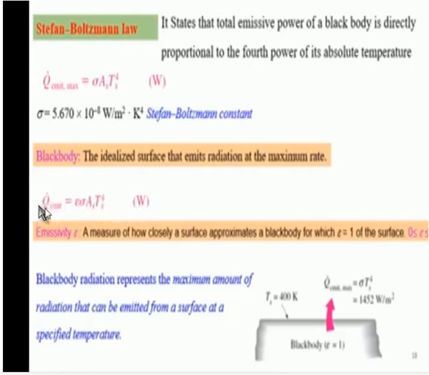This is the equation for radiation. Black body radiation represents the maximum amount of radiation that can be emitted from a surface at a specified temperature. A black body emits the maximum radiation, so the emissivity of a black body is always equal to 1.